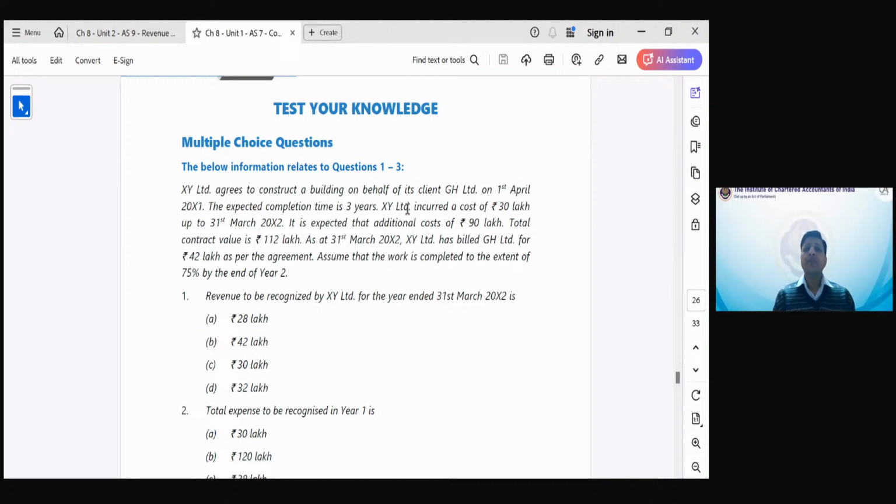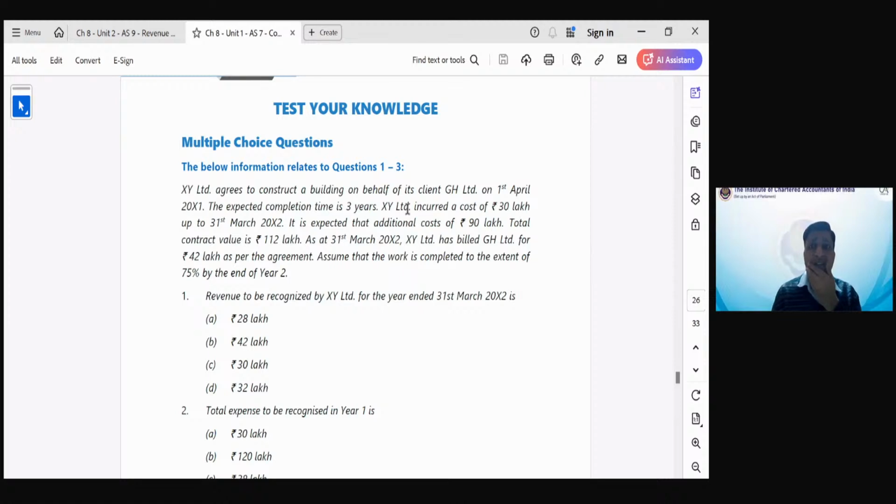We are given the cost incurred up to 31st March X2, and the estimated cost is also something you can compute, because the additional cost to be incurred is given. As at 31st March X2, XY has billed GH for rupees 42 lakhs as per the agreement, so that's the invoice raised. Assume that the work is completed to the extent of 75% by the end of year 2.